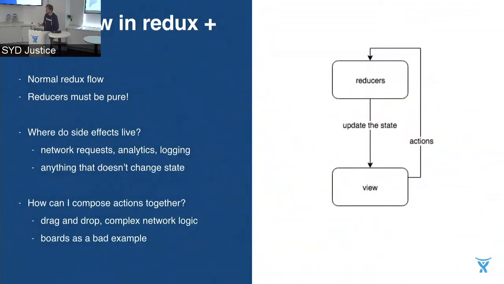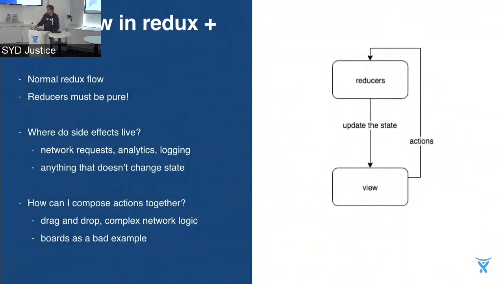So you can't perform any side effects in your reducers, and they also need to be idempotent. If you call a reducer with the same state and the same action, you're going to get the same resulting state, no matter how many times you call it. This is what gives you things like time traveling debugging and very easy predictability, basically all of the reasons why Redux is the accepted state management framework for React.